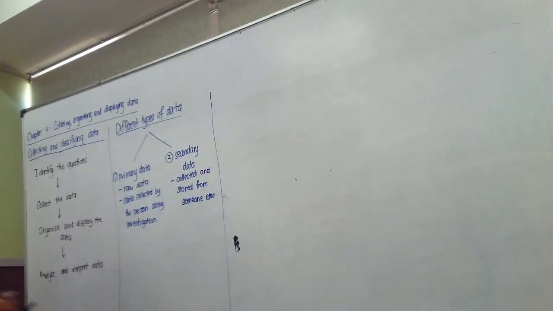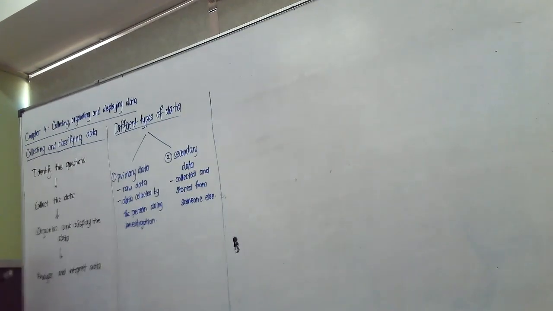All right. So in regards to collecting and classifying data, the first thing you have to know is you have to identify the questions. Once you have identified the questions, you collect the data in regards to the question. Then you organize and display the data, and you analyze and interpret the data.